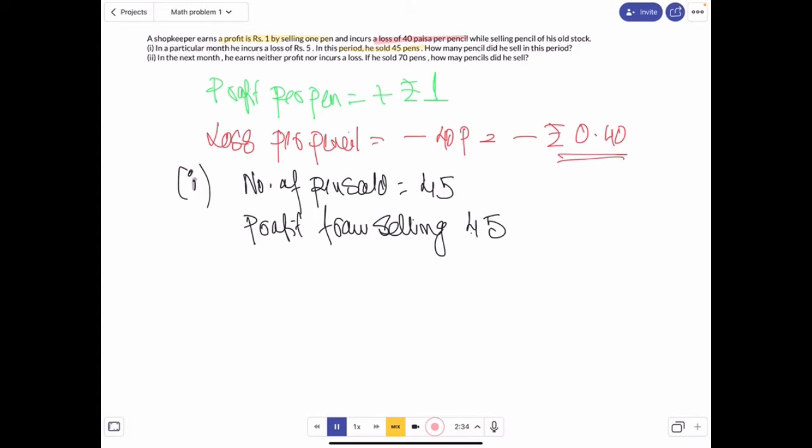We don't know at what price he's selling a pen. Maybe he's selling at 10 rupees, he's making a profit of 1 rupee. We don't know that. Just talking about the profit. So what will the profit be? Let's say it's a positive number. So plus 1 into 45. So plus rupees 45 is the profit by selling it.